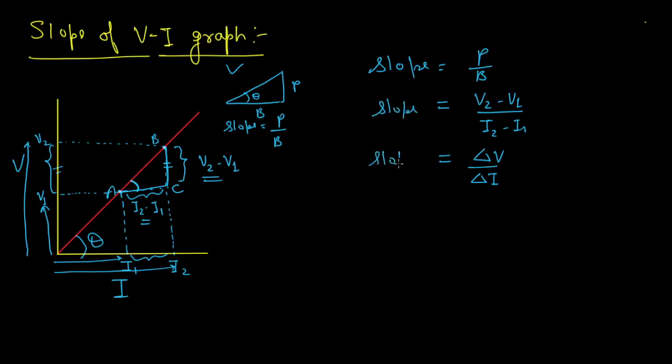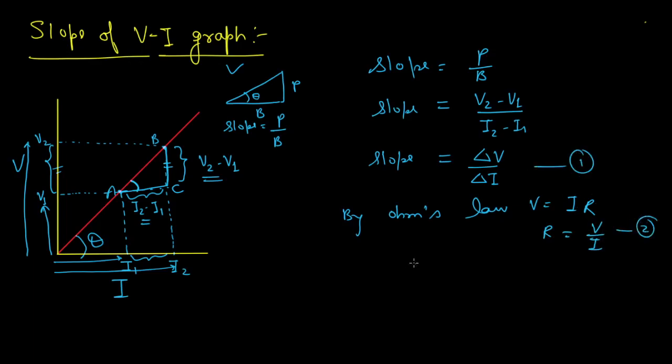Okay, and in the next part we know that by Ohm's law, V equals to IR. R will be equals to V upon I. Suppose it is equation 1, it is equation 2. If we compare both the equations, so we will get that slope of a VI graph will tell us about the resistance R of the conductor.